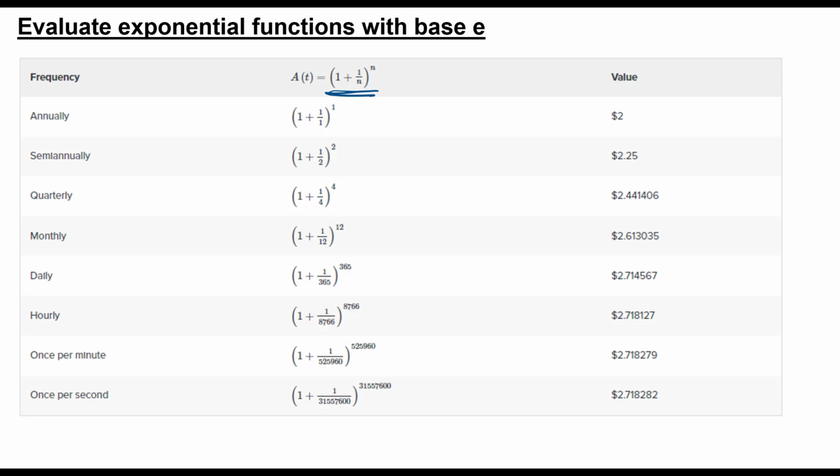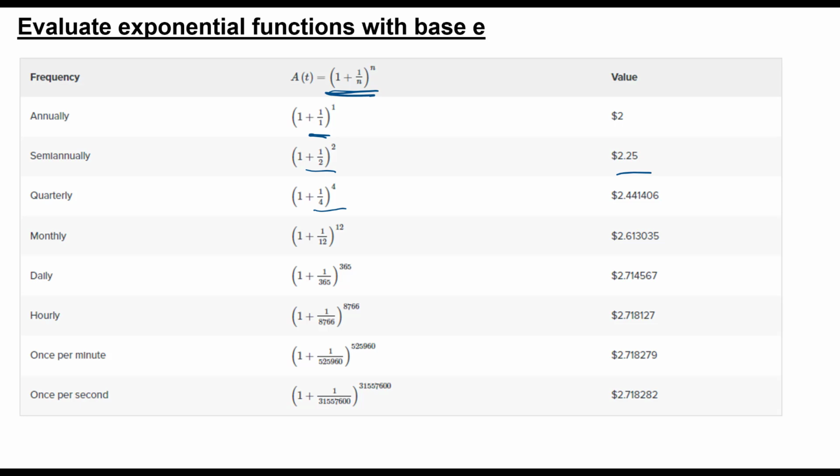We saw that earlier, and think about if you were to compound something once in a year, you would get this result. If you did it twice in a year, you get 2.25. If you were to compound something 4 times in a year, you get 2.44.